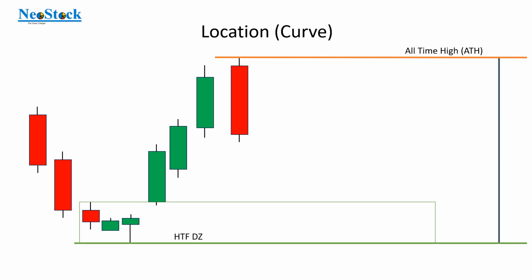When there is a supply zone, there is a guarantee that there are institutional pending orders in the supply zone. So that is the reason why without higher time frame supply zone, we cannot confirm there are institutional pending orders. But demand zone is there. That's why we can confirm there are institutional pending orders.